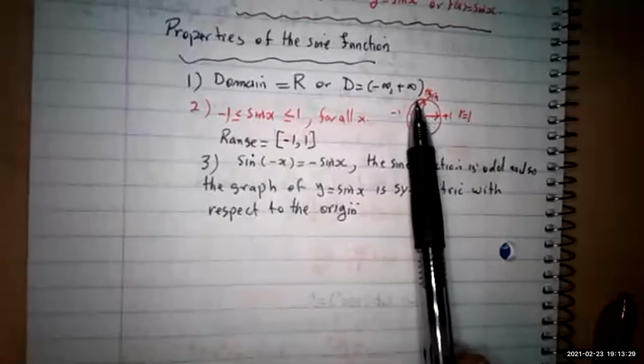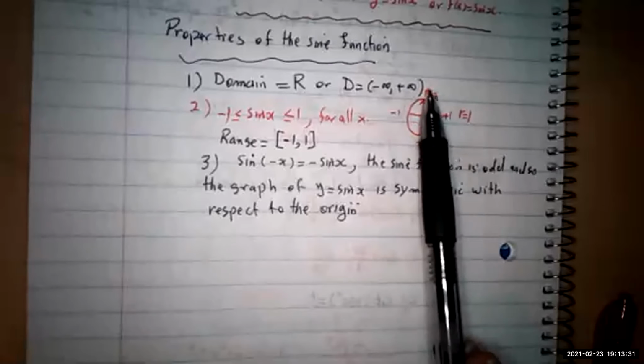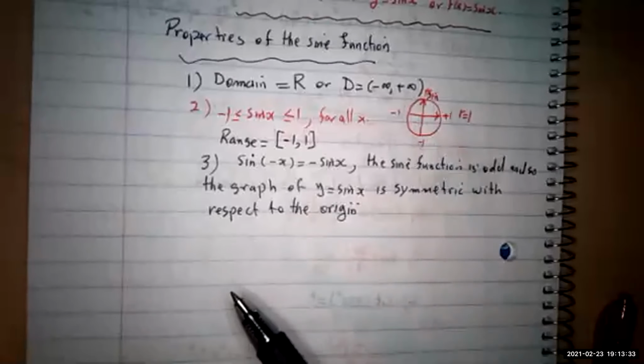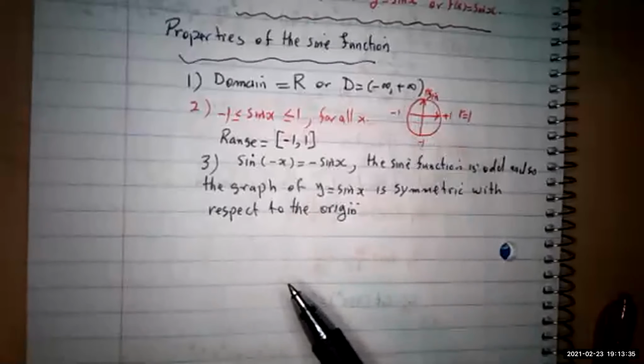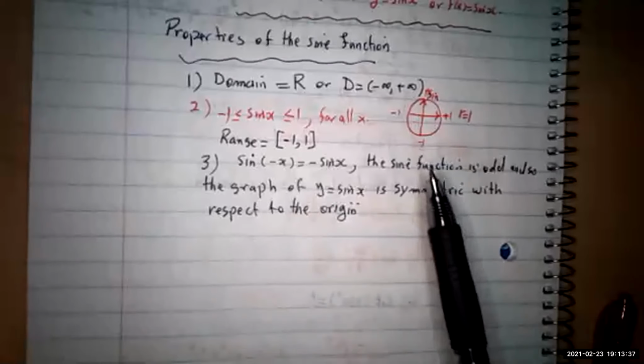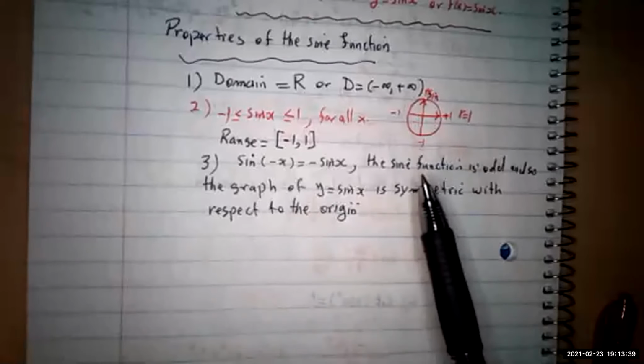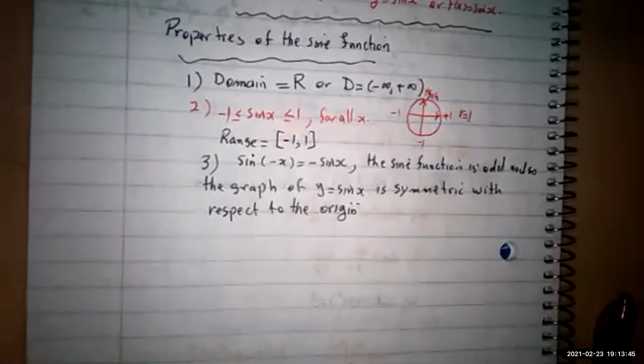After one cycle, the function repeats itself. We say this function is periodic, and that number after which it repeats is called the period of the function. That will be very useful to graph it.